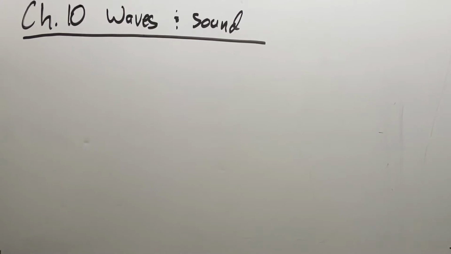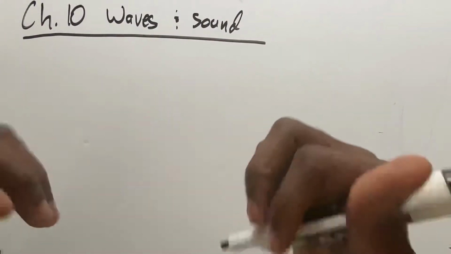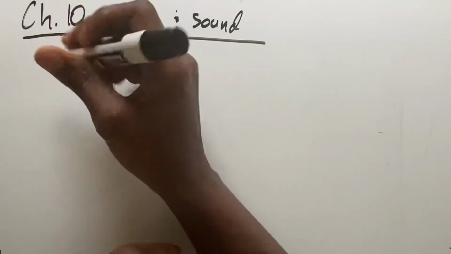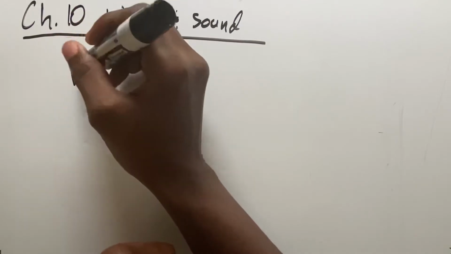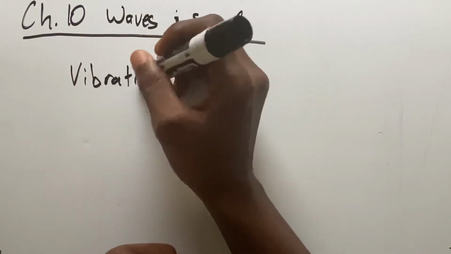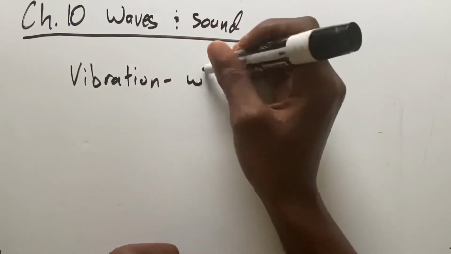So first, we start with just a general definition of a vibration and a wave. A vibration, unlike the definition that we use here on the PowerPoint, is just a wiggle in time.